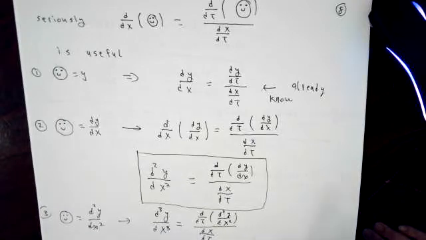And following the smiley face formula, this will be the derivative with respect to t of the second derivative of y with respect to x divided by dx dt. It may be disturbing to see derivatives with respect to both t and x running around in this thing, but that's no problem.